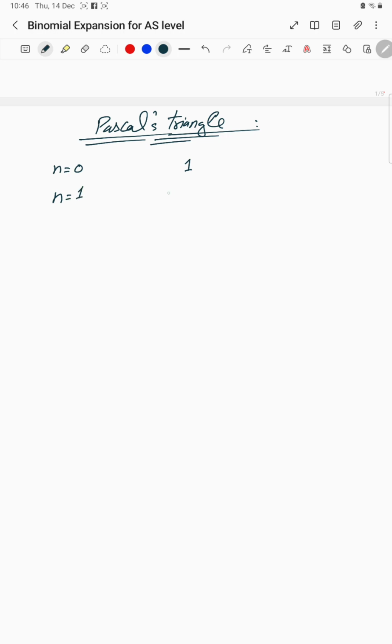When n is 1, we have 1 here and 1 here, making a triangle. When n is 2, we have 1 here, and adding these two we get 2. In this pattern we will always write 1 at the corners of the boundary of the triangle, and the rest will be in between, the sum.